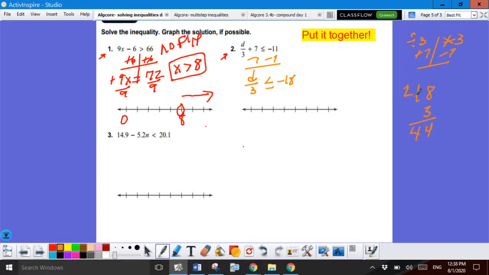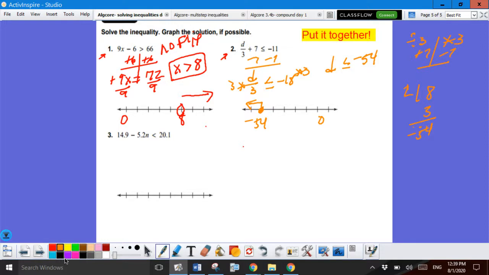Oh, carry 2, that's going to be 54. So d is less than or equal to negative 54 because I'm multiplying by a negative. So negative 54, here's my 0, closed circle to the left.